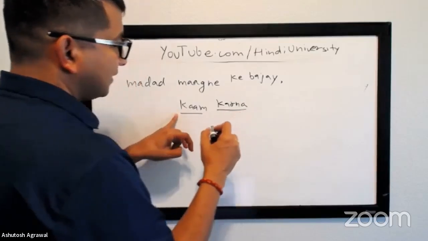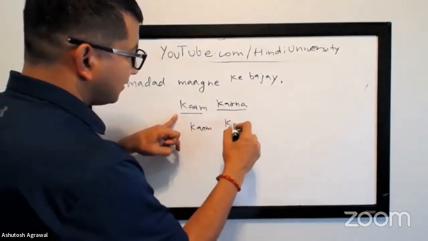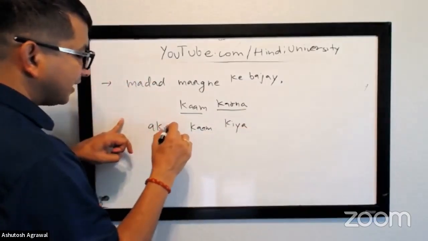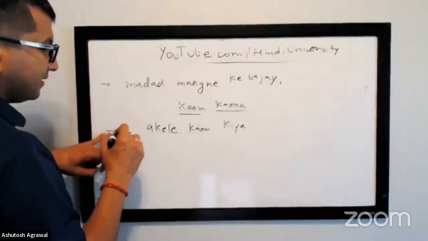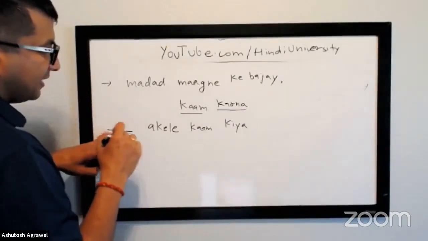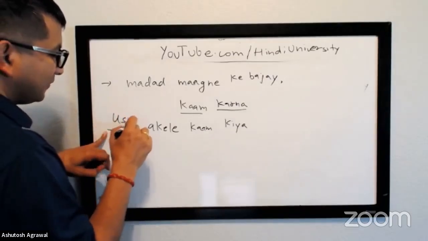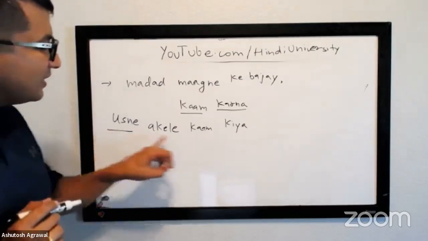And then you said kaam kiya. You also said akele kaam kiya. So it'd be usne. Very good. मदद मांगने के बजाय उसने अकेले काम किया.